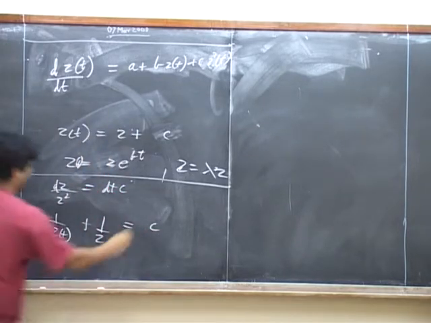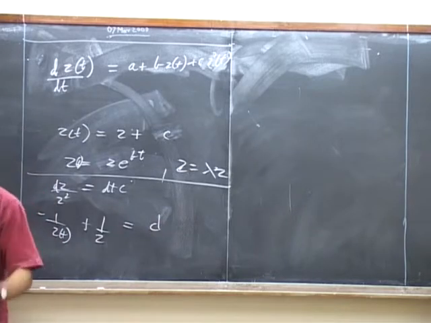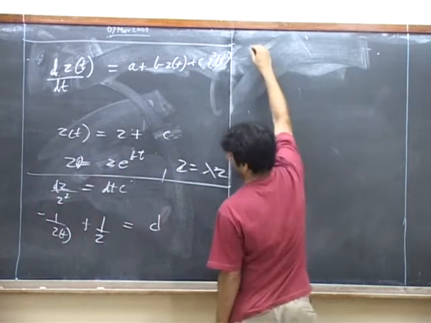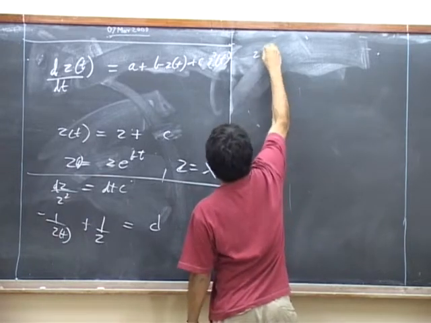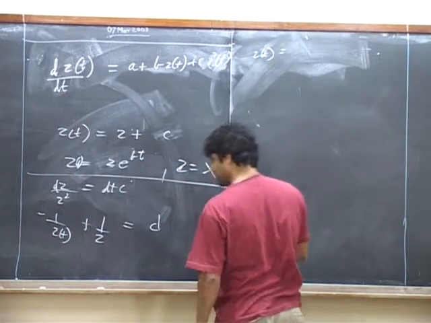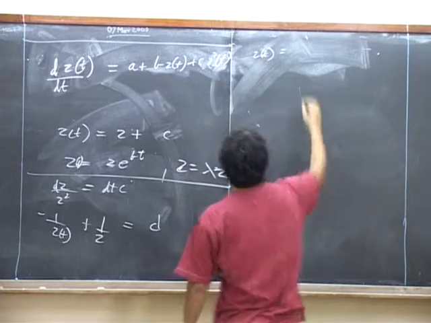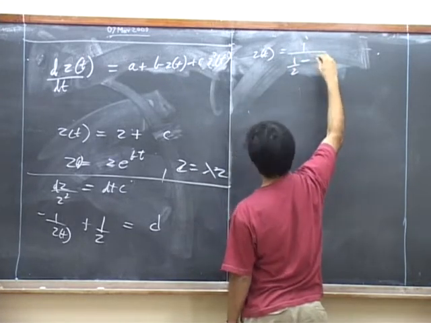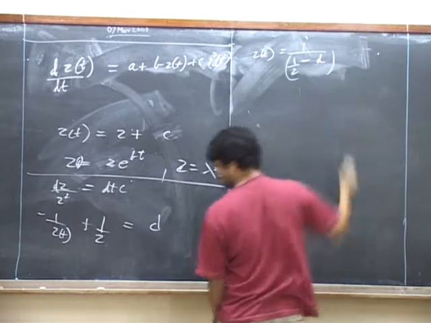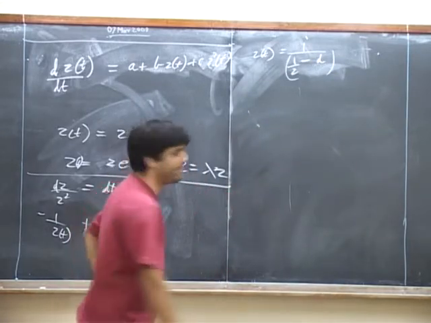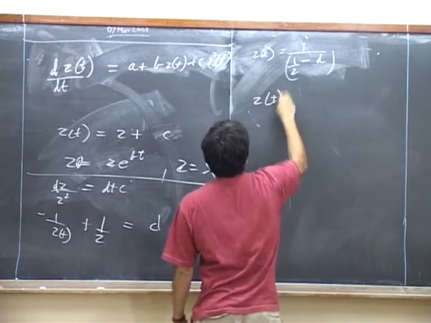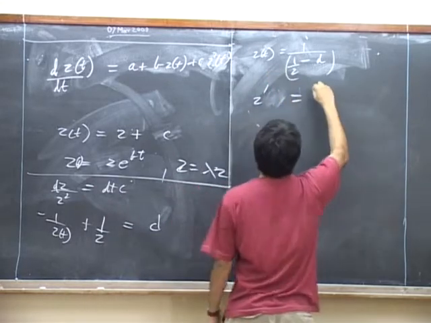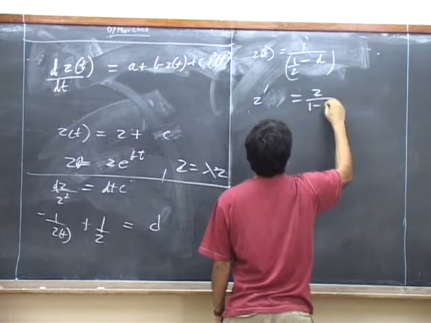It's a different c, that's all it is. It's arbitrary. Okay, so let's now solve for z(t). We get z(t) equal to 1 over (1 over z minus c t), which you can think of as z prime, is equal to z over 1 minus c z.